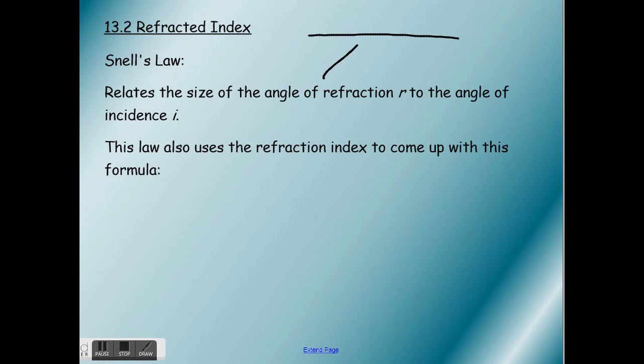If we had some medium, light going in this way, and then it refracts in another direction, we talked about this being the angle of incidence, so that's I, and this here being the angle of refraction, which is R. We talked about that last time. So this is used to relate the change in these angles, so being able to find the different angles. This law uses the refractive index to come up with a formula.